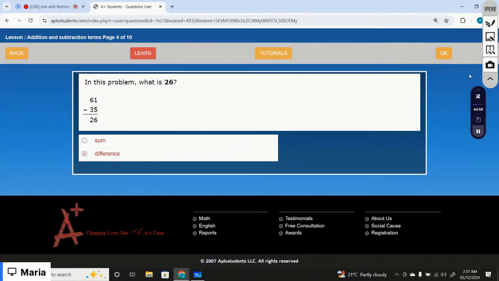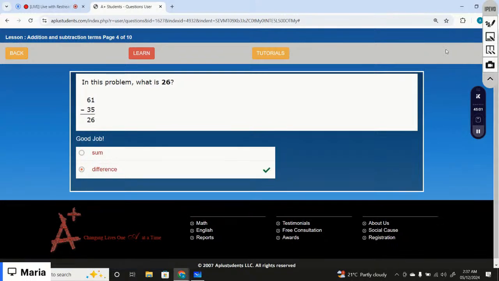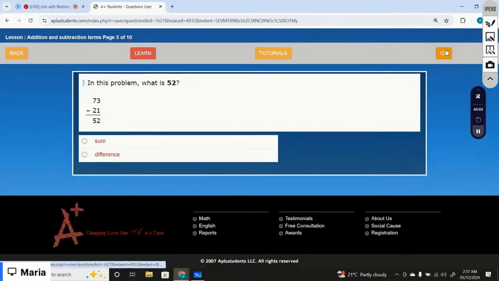That is difference. 52 is the difference of 73 and 21. That is difference.